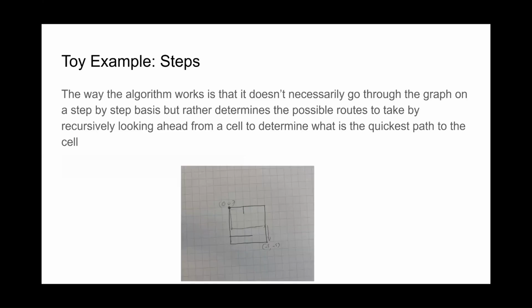So for the steps, the way our algorithm works is that it doesn't necessarily go through the graph on a step-by-step basis, but rather determines the possible routes to take by recursively looking ahead from a cell to determine what the quickest path to that cell is.